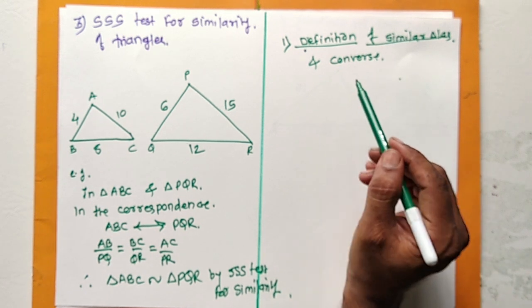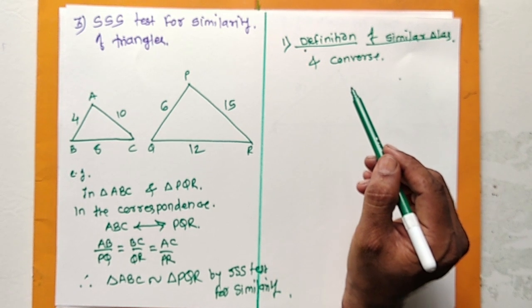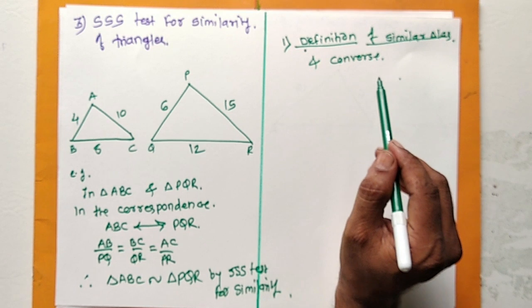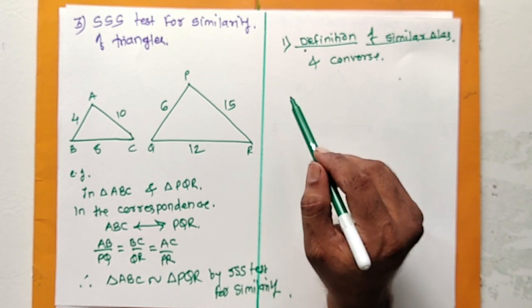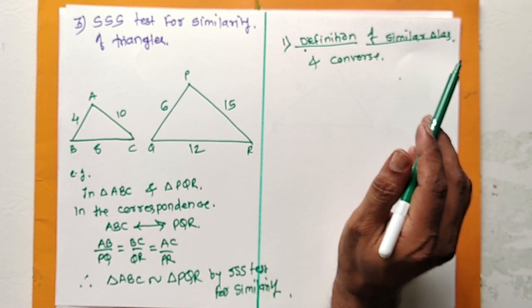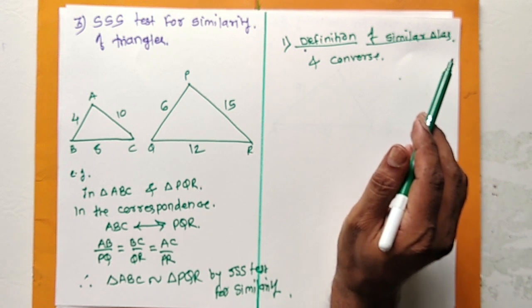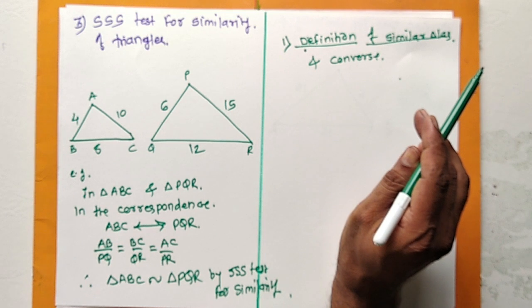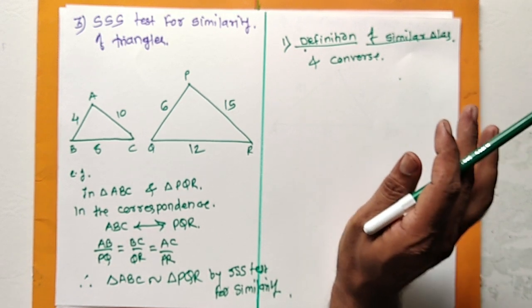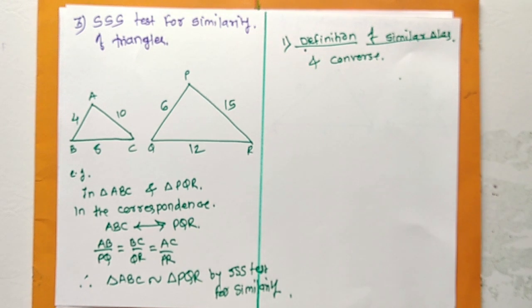For similarity of two triangles, it is not necessary to show all 6 conditions. Three specific conditions are sufficient, and the group of these three conditions is called a test of similarity.